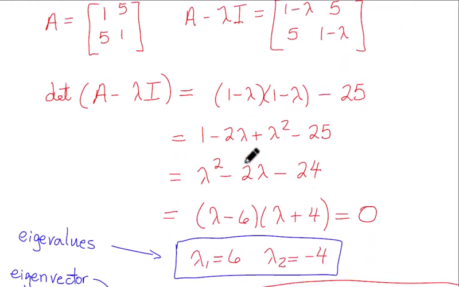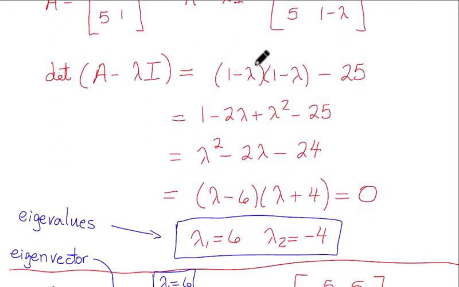If we grind through that term by term, it takes a little effort, we get a quadratic equation that is factorable. It factors into lambda minus 6 and lambda plus 4. That gives me my eigenvalues of 6 and minus 4. Those are the scaling factors. What we don't know yet are the eigenvectors that go with those particular values.